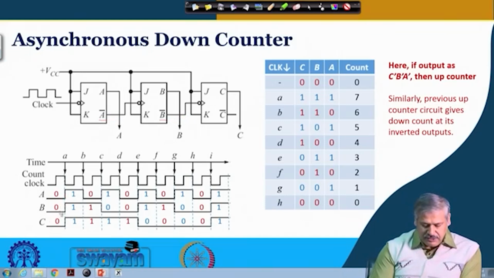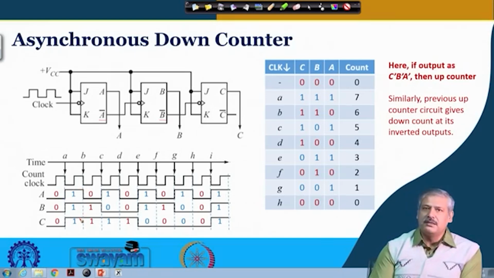So at this positive edge, 0 0 0 becomes 1 1 1. Next, A is changing here, going from high to low, which means A bar is going from low to high, so no change.